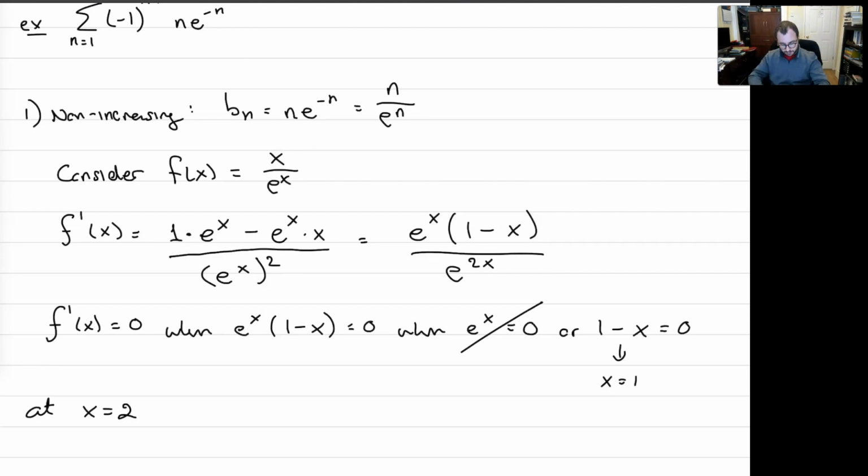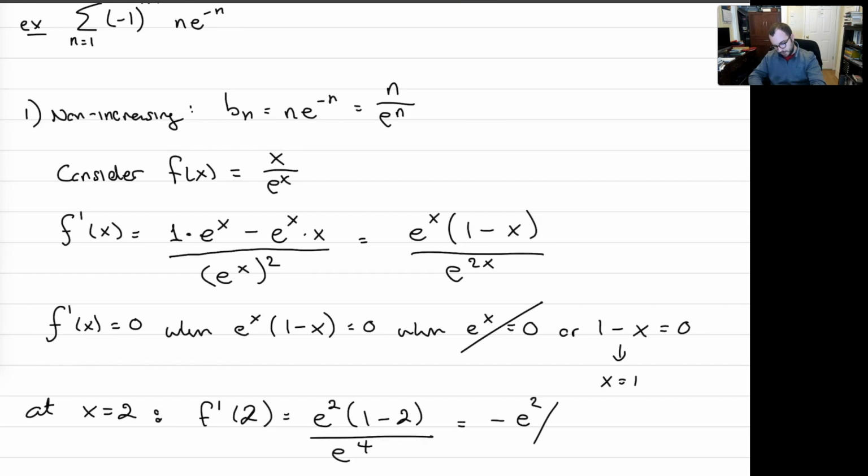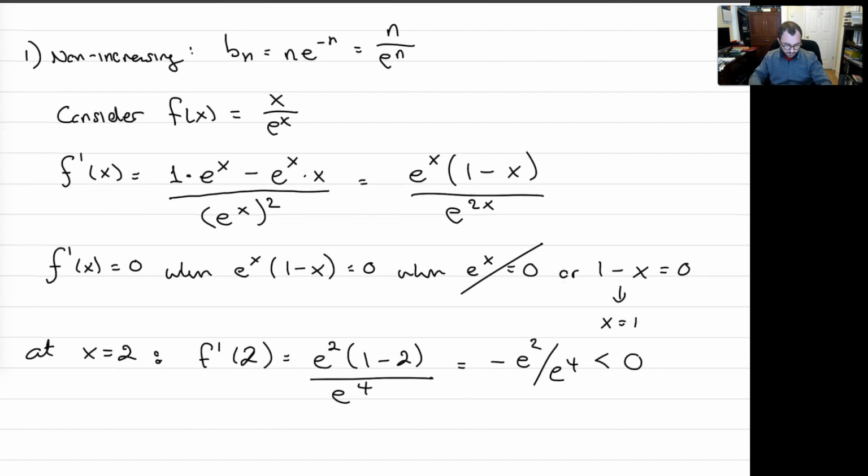I'm choosing x equals 2. f'(2) is equal to e^2 times (1 minus 2) over e^4, which is equal to negative e^2 over e^4, which is less than 0. So I've discovered that the critical point is at 1, and at x equals 2 this function has a negative derivative. So it's decreasing on the interval 1 to infinity.